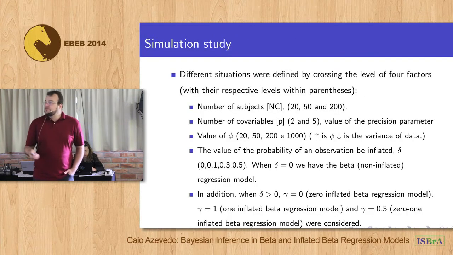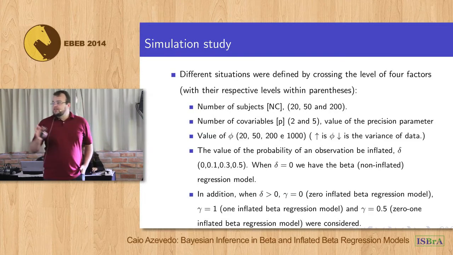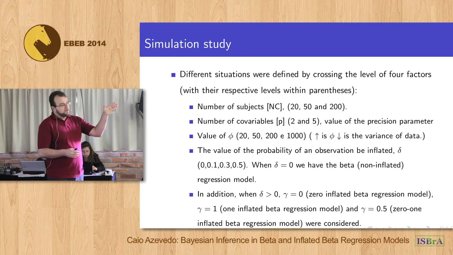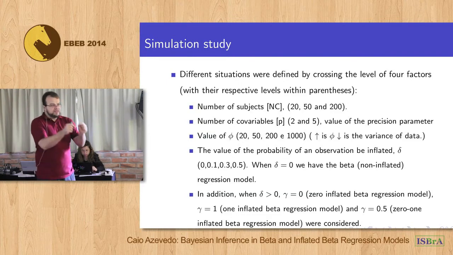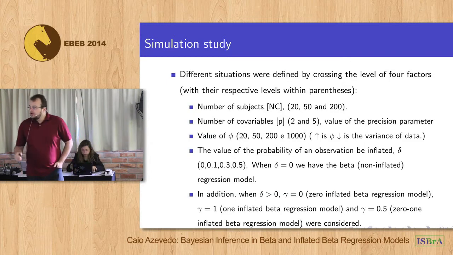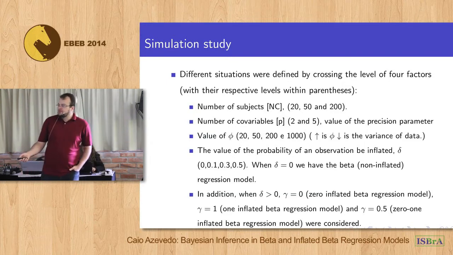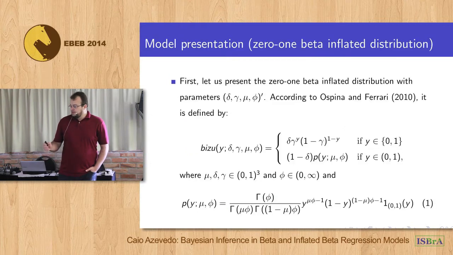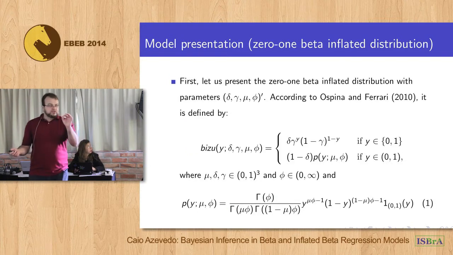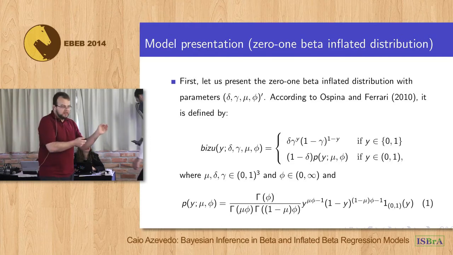Well, I'm going to show you just a small part of the simulation study that Danilo developed. It consists of replicating 100 times, that is, generating 100 sets of response values, considering a 0 and 1 inflated beta regression model with this parameter equal to 0.5, that corresponds to, again, the probability of the observation being equal to 1, given that it is inflated.